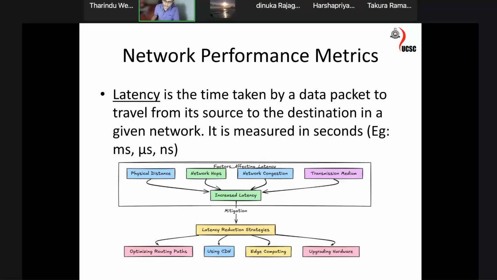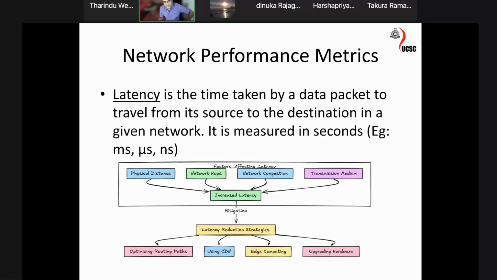So it's usually measured starting from milliseconds, then microseconds, nanoseconds. Nowadays we have picoseconds as well. A millisecond is 1/1,000 of a second, and microsecond likewise.